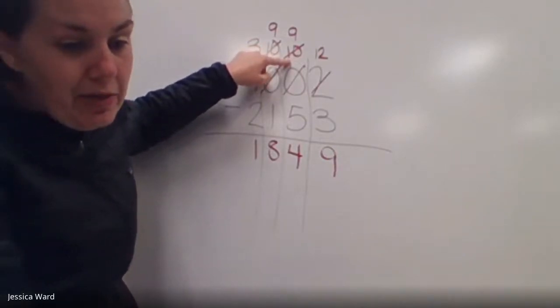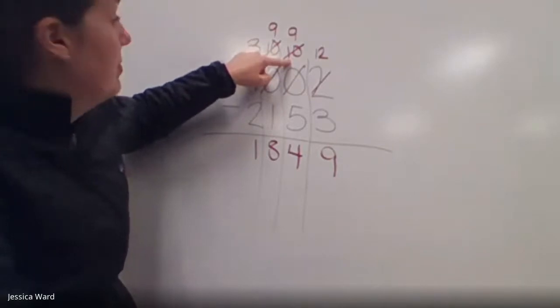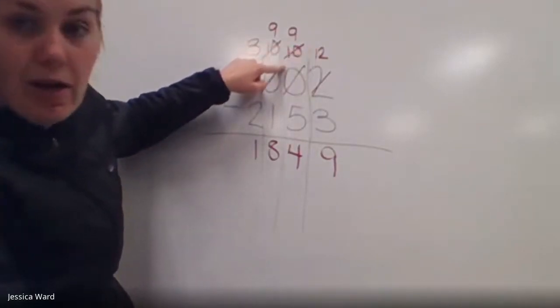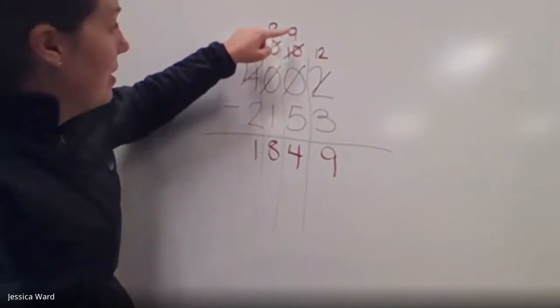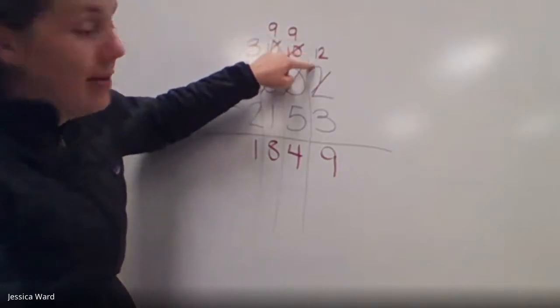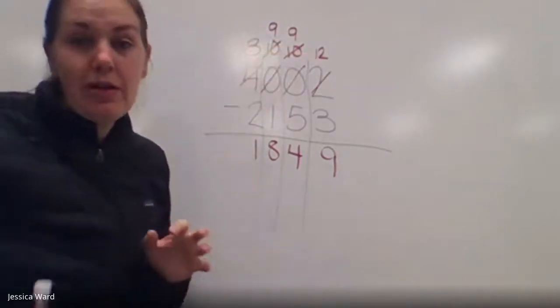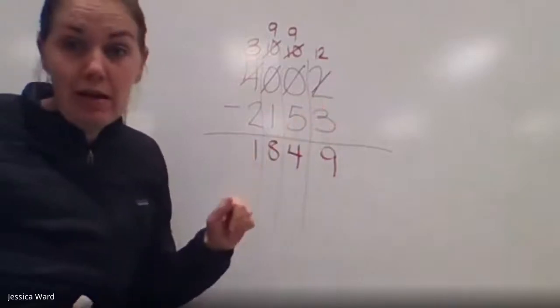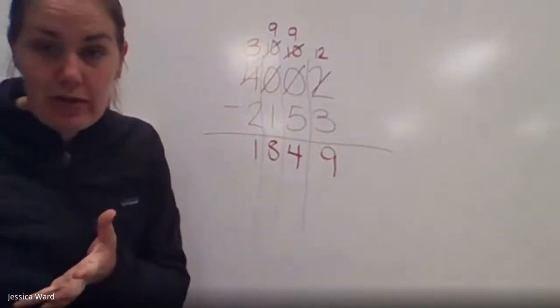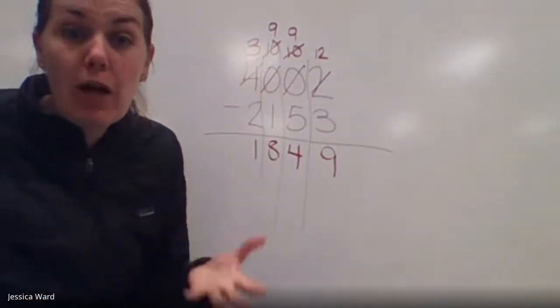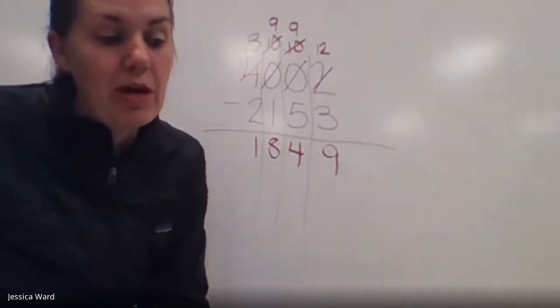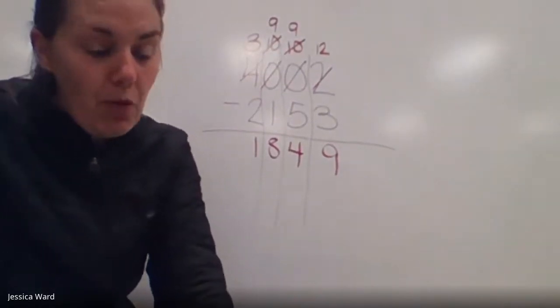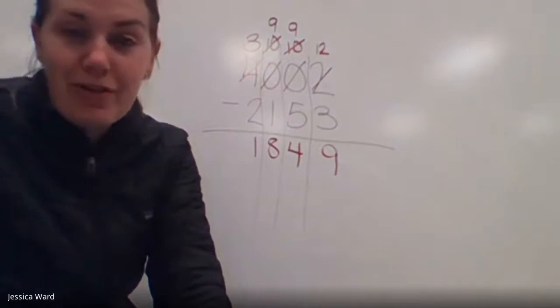Number 3, explain the regrouping shown in the tens column. So again, we had to cross off one of the tens, leaving us with 9 tens, and give it to the ones. So now we had 2 ones already there, and we're adding 10 more to it. So we have a total of 12 ones, and now we can subtract. Number 4, why are 12 ones shown in the ones column?